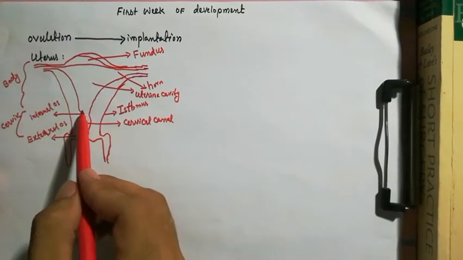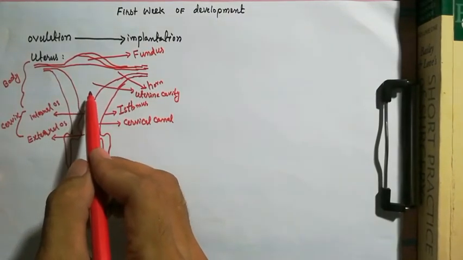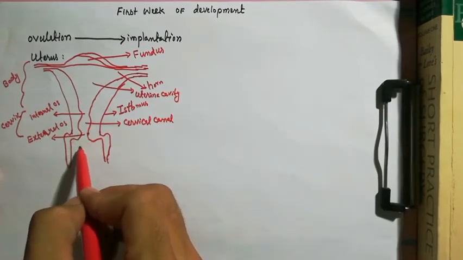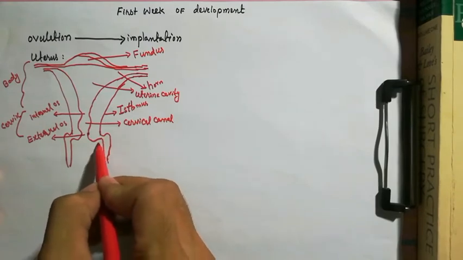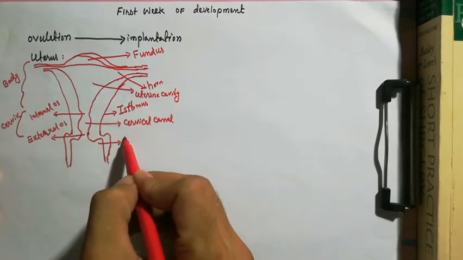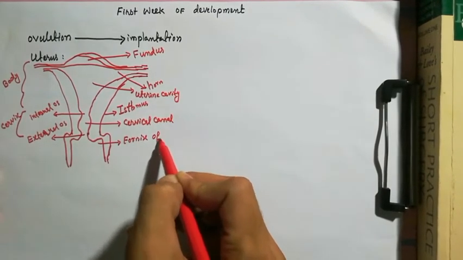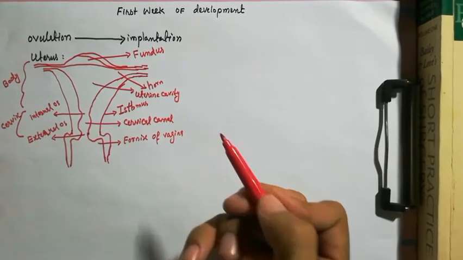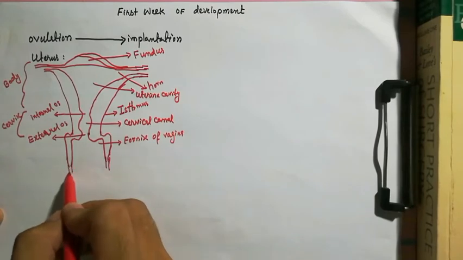Internal os connect the cervical canal with the uterine cavity, and external os connect the cervical canal with vagina, and this is fornix of vagina. And this is vagina.